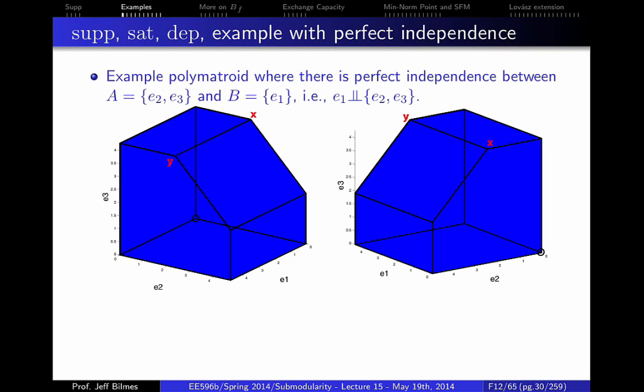It's kind of a weird one because, first of all, we're saying that there's, in some sense, perfect independence between E2, E3, and E1. So E2, E3 is like this axis.